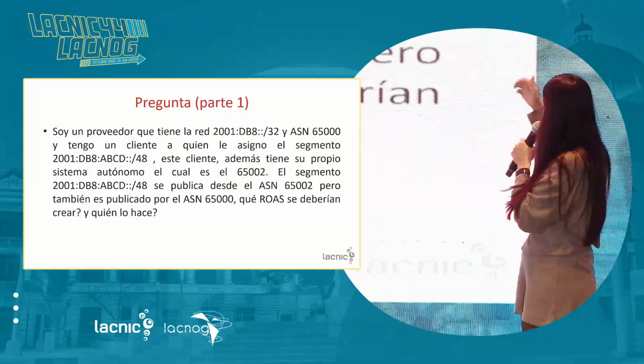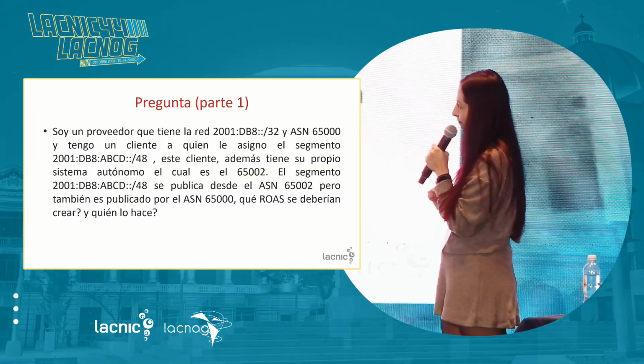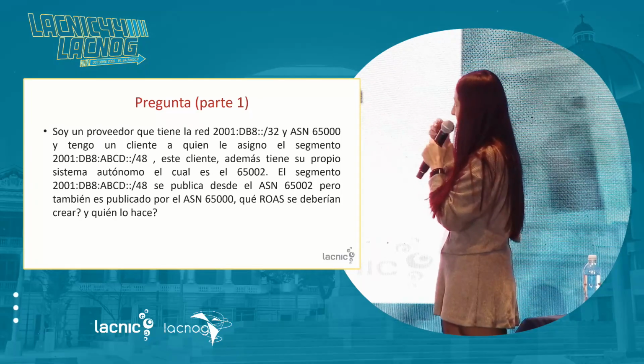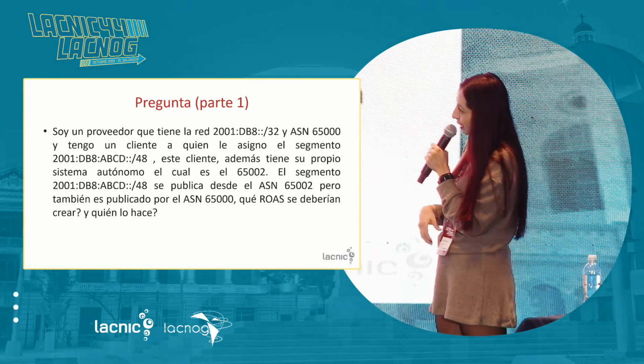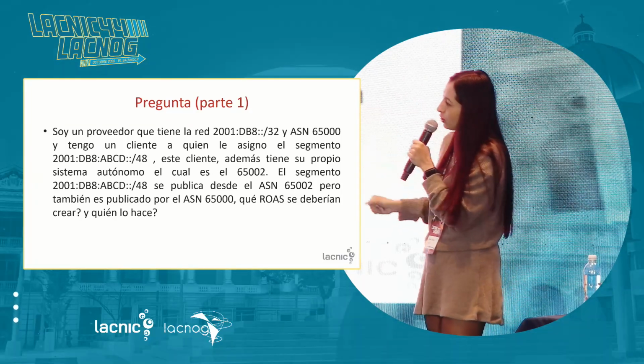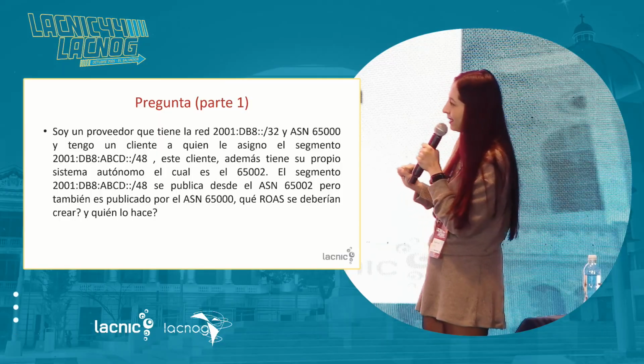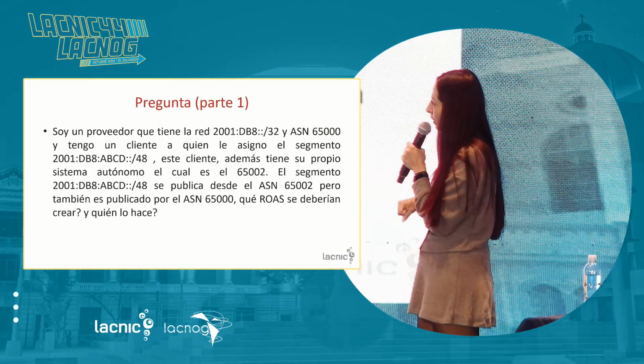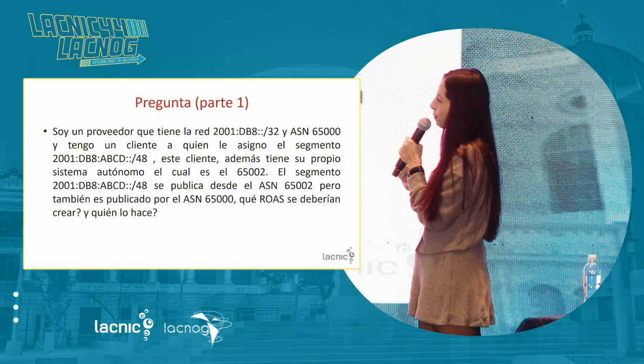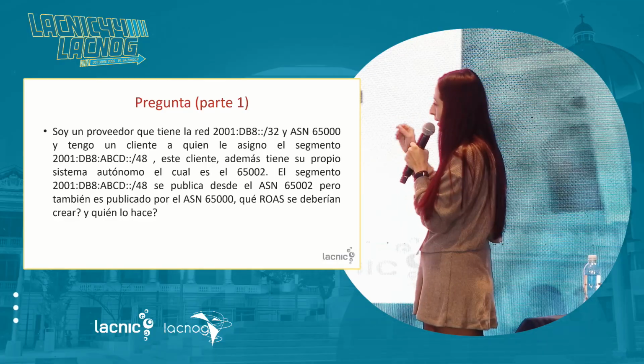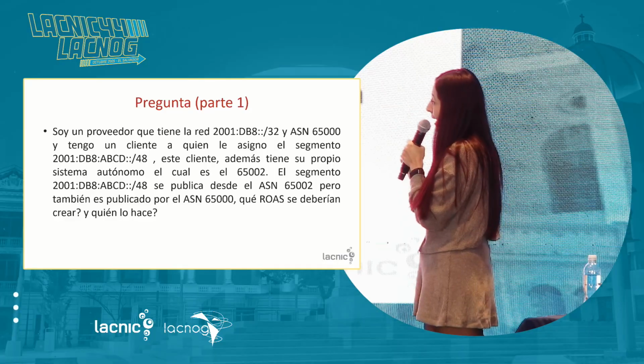This is the question. I am a provider that has the network 2001:DB8::/32, and I have an ASN 65000. I have a client to whom I assign a segment of that /32, which is 2001:DB8:ABCD::/48. This client, in addition, has its own autonomous system, which is 65002.